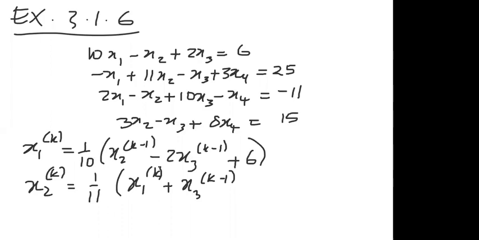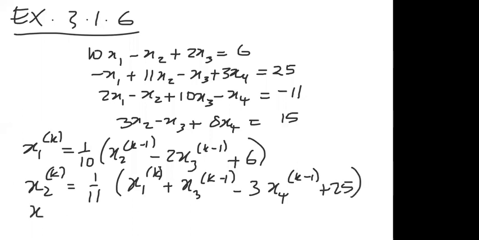So I need to use the x3^(k-1) because I do not know x3^(k), right? I'll be able to find that using the third equation. Okay. And then I'll say this minus 3x4^(k-1) again, right? And then the last value is just 25.